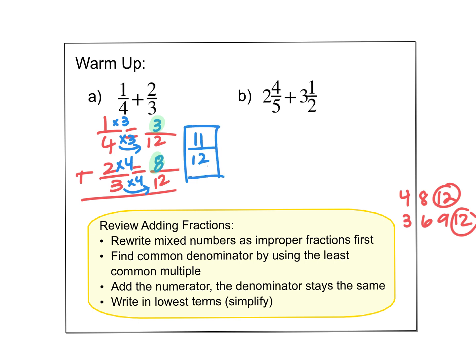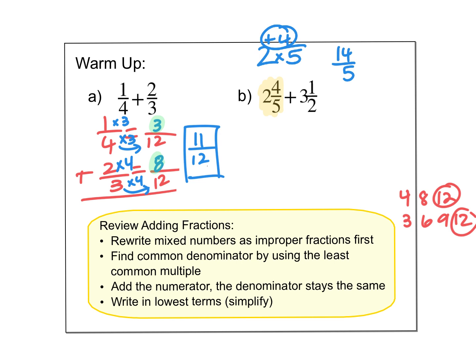All right, so for the second one, we would do the same thing, except I want to do a quick refresher here, is we are going to change these mixed numbers to improper fractions. So to do that, in case you forgot, okay, if I have 2 and 4 fifths, I'm going to do the denominator, the 5, times the whole number, times 2, which is 10. Then I'm going to add the top, which is 14, and then it goes over 5.